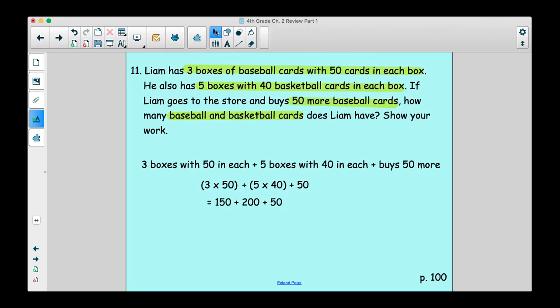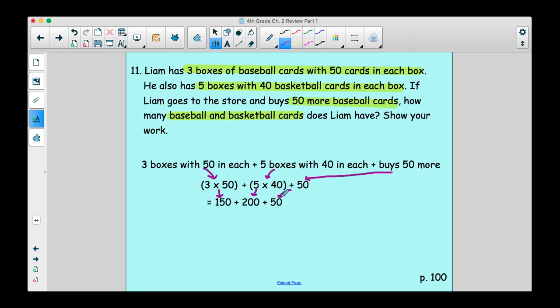Okay, so now we know that, let's see, I'm going to show us. This became this. This became this. And this became this, right? Now we've solved that part, and we've gotten 150 plus 200 plus 50.